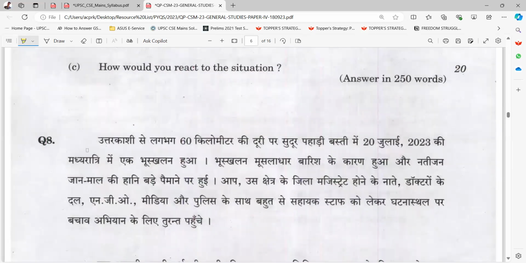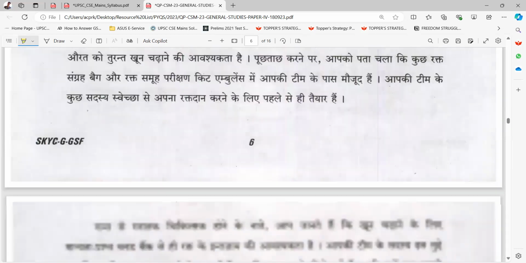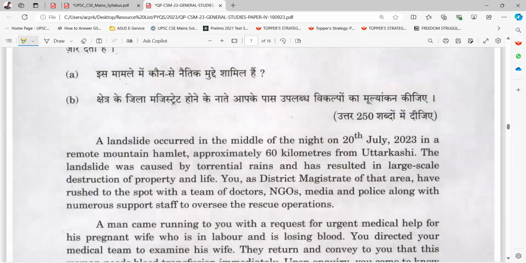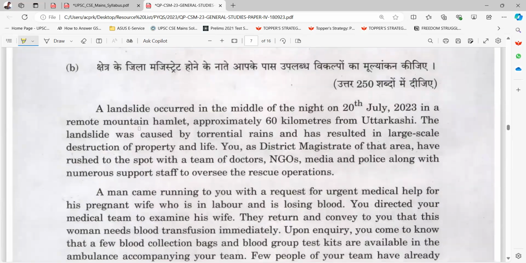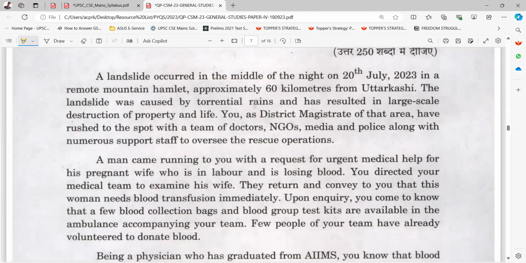Okay. Question number 8. A landslide occurred in the middle of the night on 20th July 2023 in a remote mountain hamlet approximately 60 kilometers from Uttarkashi. The landslide was caused by torrential rains and has resulted in large-scale destruction of property and life.